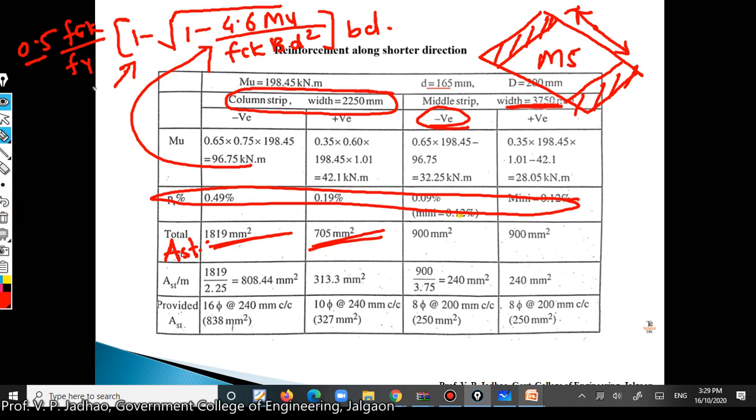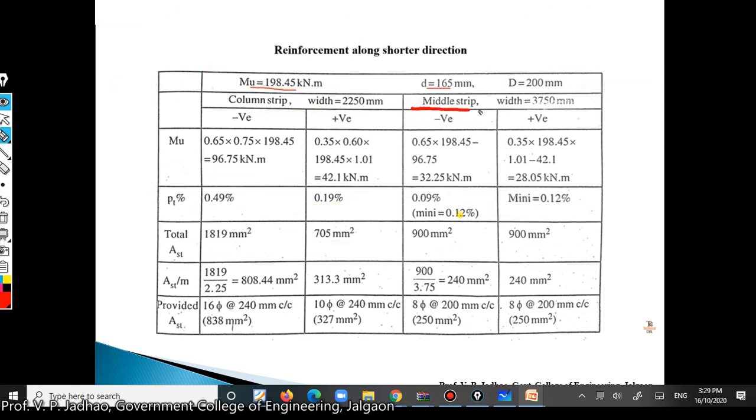As per this particular formula, for the negative bending moment for the middle strip, the steel provided at the support, if you calculate using the AST calculation formula, will be 551.83 mm square, whereas for this positive bending moment we will get AST equal to 478.77 mm square.